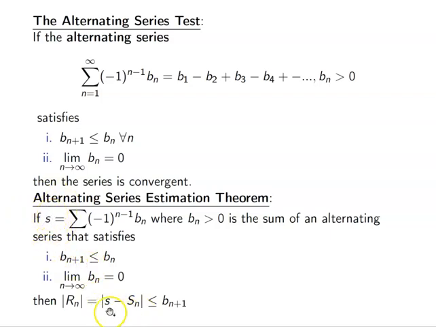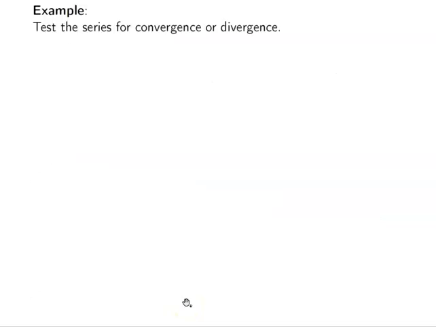The difference between the actual value of the series and its nth partial sum is the remainder, and that remainder is always less than or equal to just the single value of the next term in the sequence. Okay, so test the series for convergence or divergence.